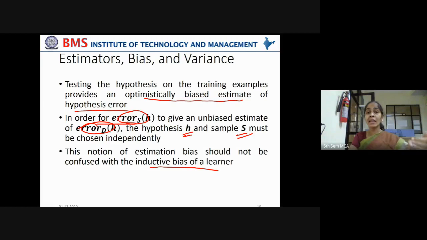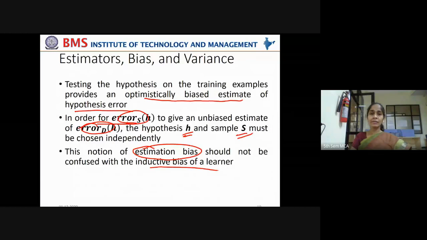These are all called inductive biases, or assumptions we make about a learning model. But estimation bias is like a numerical quantity. The difference between your sample error and the true error can be treated as estimation bias, and you have to reduce that estimation bias as much as possible in order to make your machine learning model highly generalizable, so that it predicts well the unseen data, the new data also.